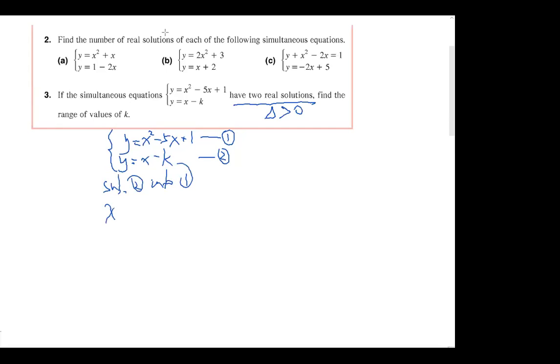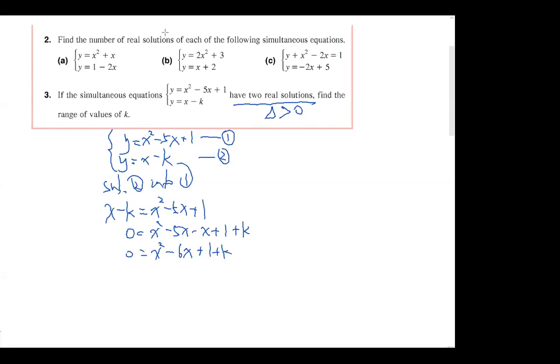So x minus k is equal to x squared minus 5x plus 1. And then move all the terms to one side, keeping the x squared term positive. So that is to the right. So x squared minus 5x, I'm doing it slowly here, minus x plus 1 plus k.